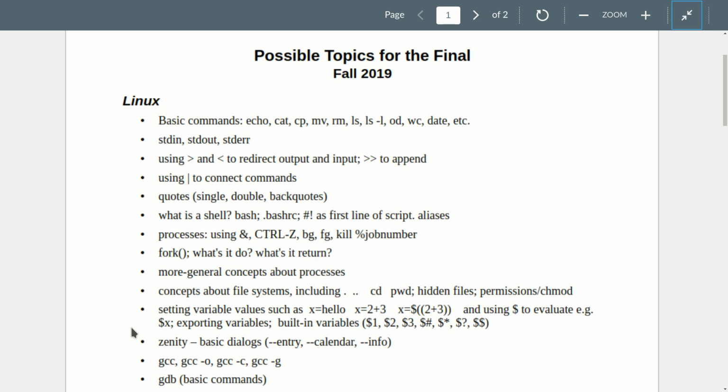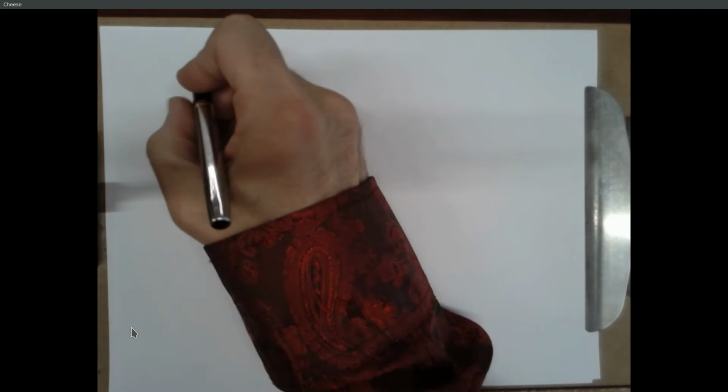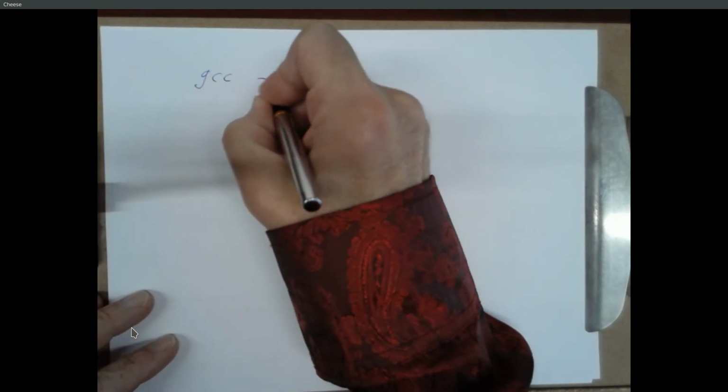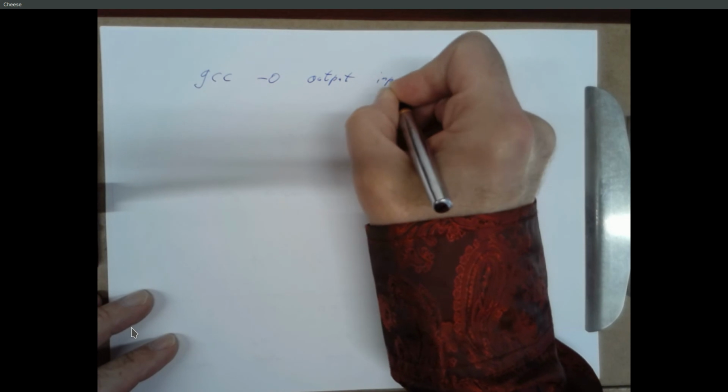Do you know the GCC command? We talked about GCC. All right, so know how to use GCC. Mainly, make sure you know how to specify an output file. Right?